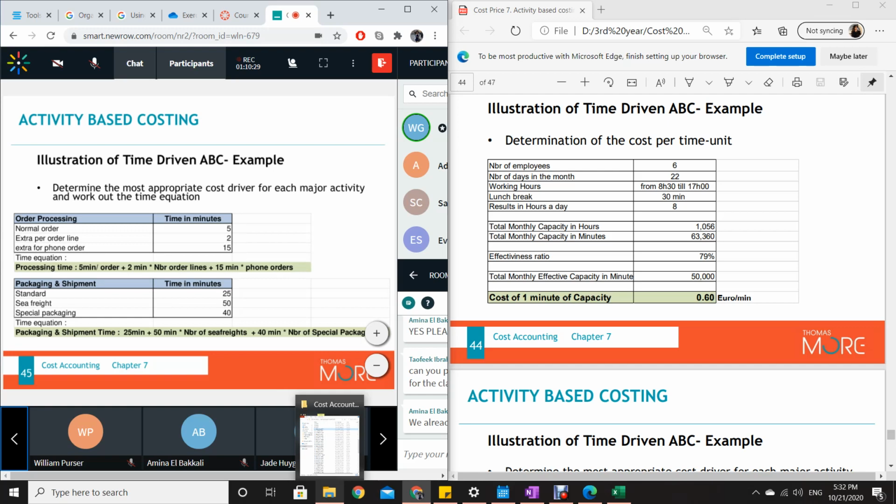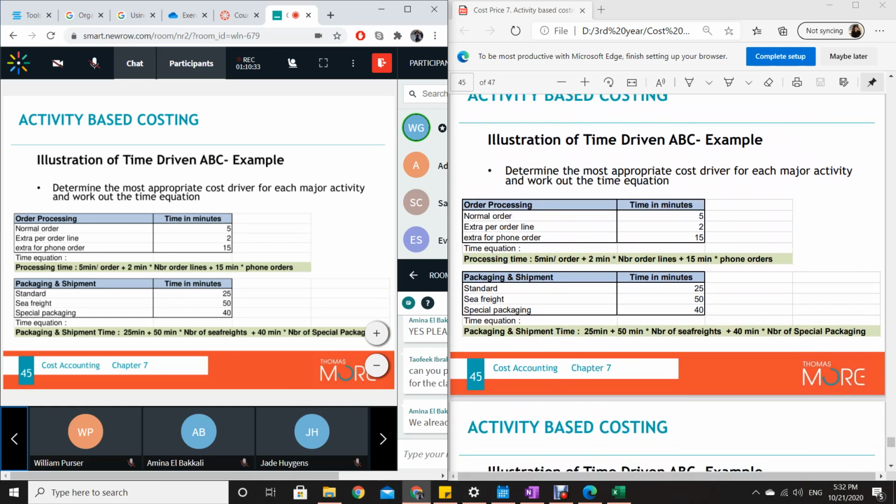So we have an example here. When there is a normal order, it takes 5 minutes. For every extra order line, it takes 2 more minutes. When there is a phone order, it's 15 more minutes.